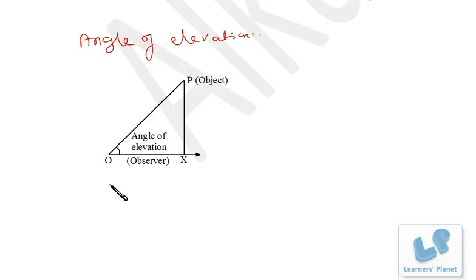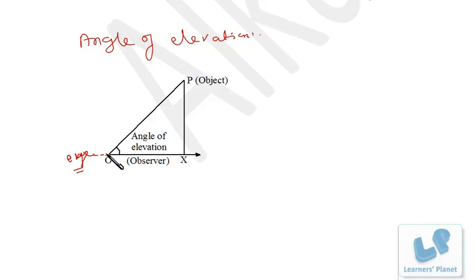The next thing that we are going to discuss is angle of elevation and angle of depression. So angle of elevation, what is it exactly? Suppose an observer is here and this is his eye level.